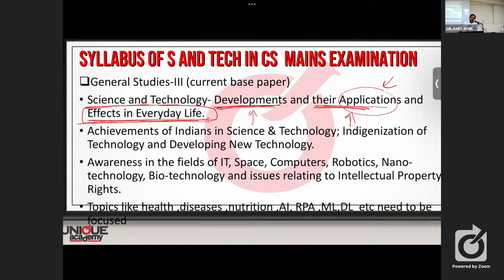For example, scientists recently found an anti-cancer medicine. Have you heard about anti-cancer medicine? Monoclonal antibodies. Now imagine the situation if scientists have been able to find a permanent solution against cancer, then imagine the impact that would have on society. How much impact it would have!